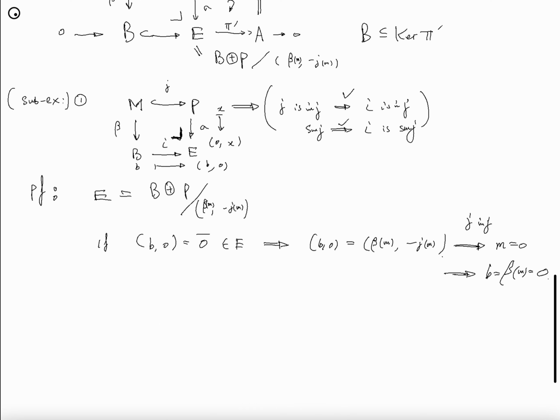So now suppose you have an element, let's say (B,P), mapped to 0 in A by pi prime.